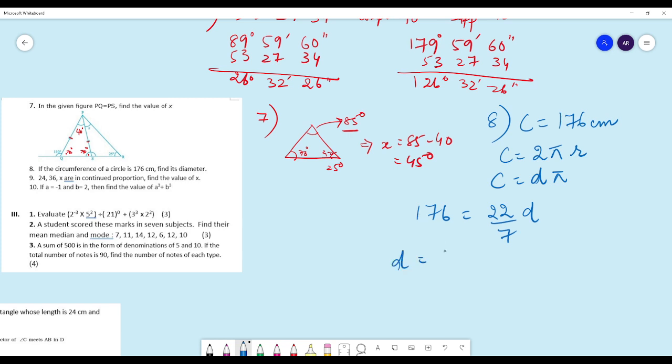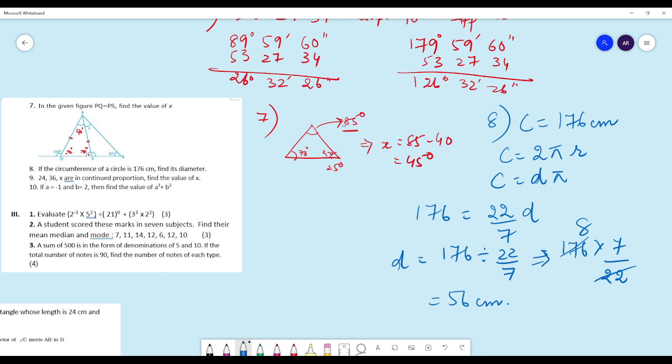So d will be equal to 176 divided by 22 by 7, and that implies 176 into 7 by 22. Now 22 8s are 176, so you can get straight up the answer as 56 centimeters. So that should be your answer for question number 8.